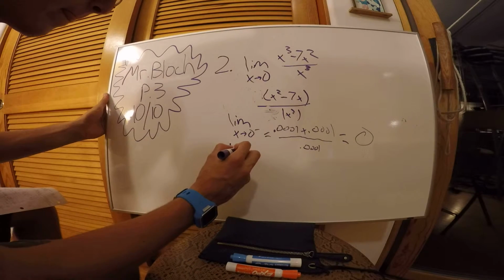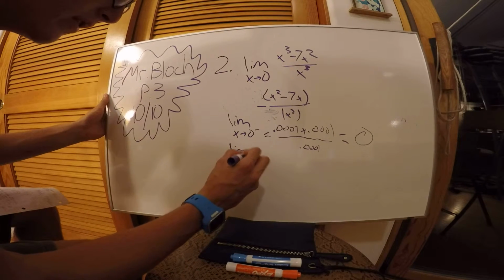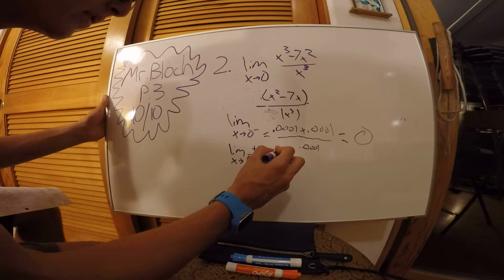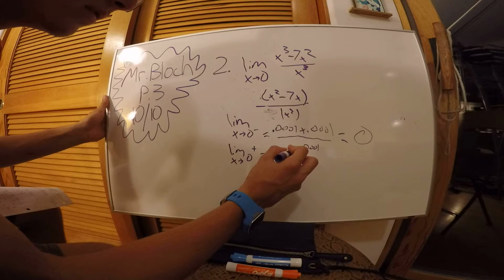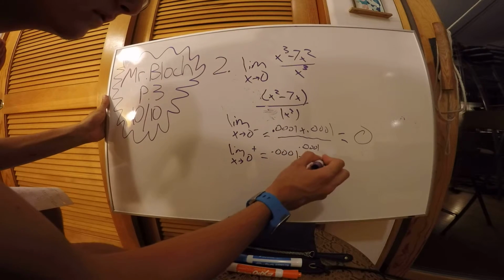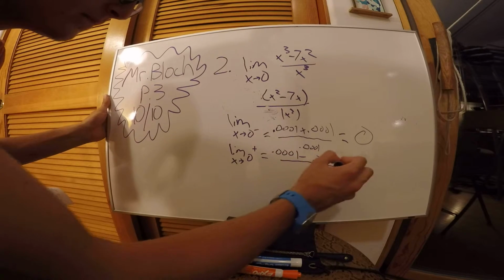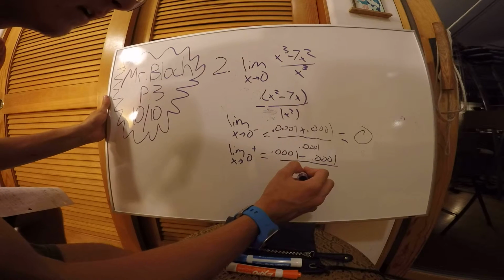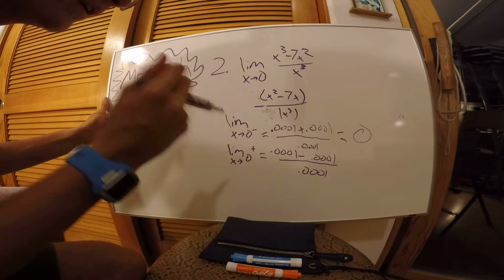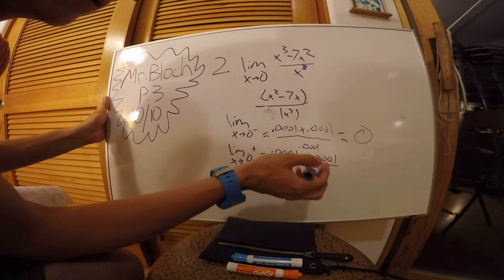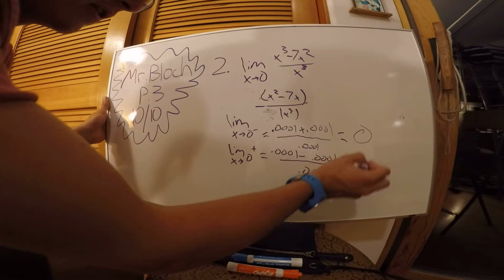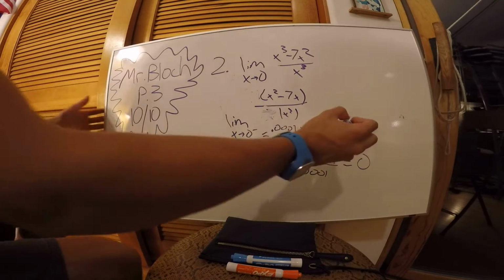The limit as x goes to 0 from the positive side is going to be equal to a positive 0.0001 minus 0.0001 all over 0.0001, because anything squared is positive. So this is just going to get you 0, a very small number, so 0. Your final answer is 0.